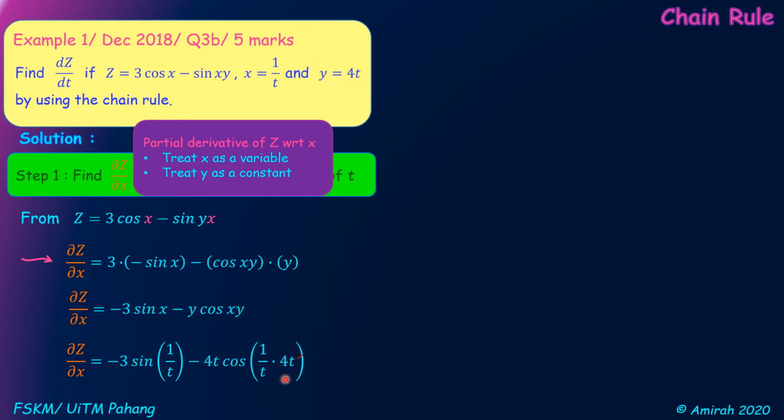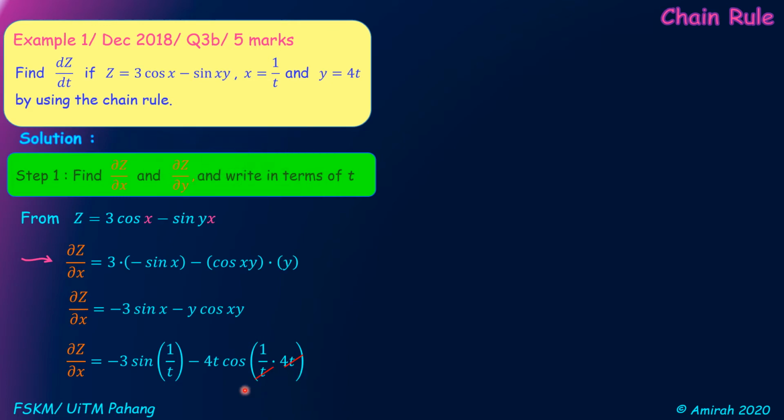And after that, we can simplify. So after we simplify, we get del z over del x equals negative 3 sin 1 over t minus 4t cos 4.